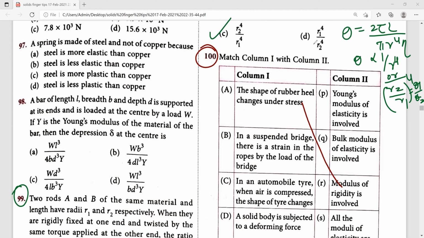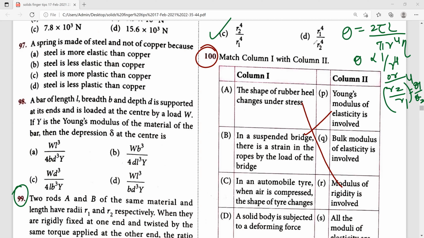The next, Bth one. Strain in the rope of a suspended bridge involves Young's modulus of elasticity as extension of rope takes place due to the load of the bridge. Bth one, Young's modulus of elasticity is involved.